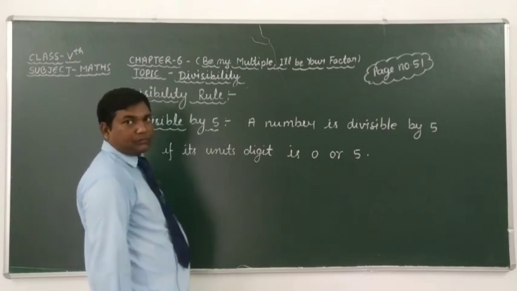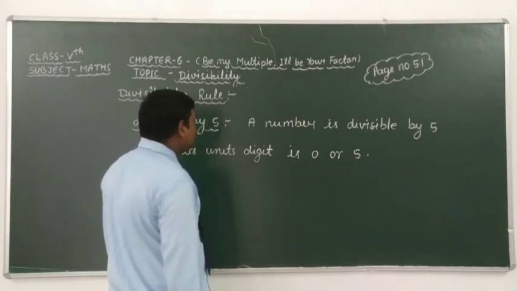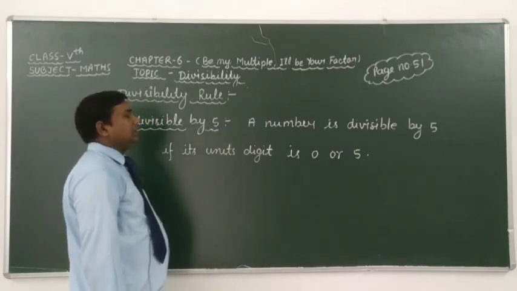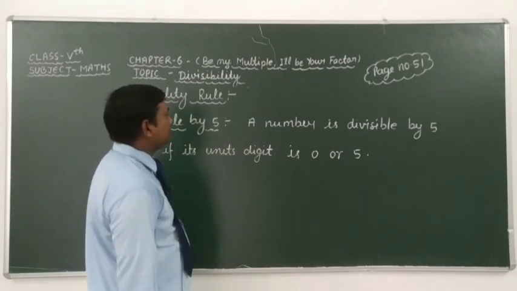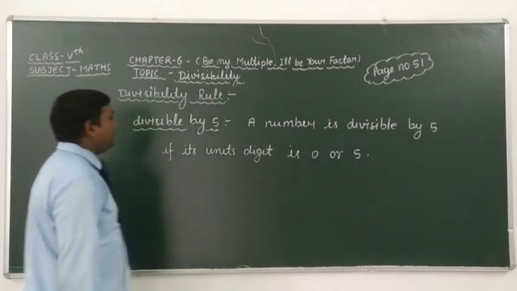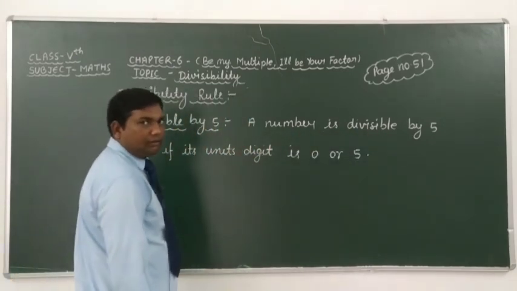Okay, students, look here carefully. A number is divisible by 5 if its unit digit is 0 or 5.